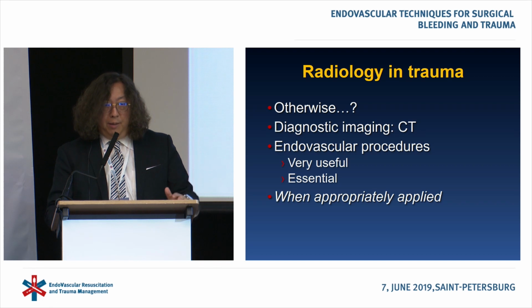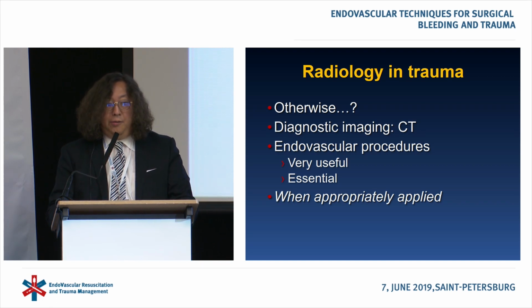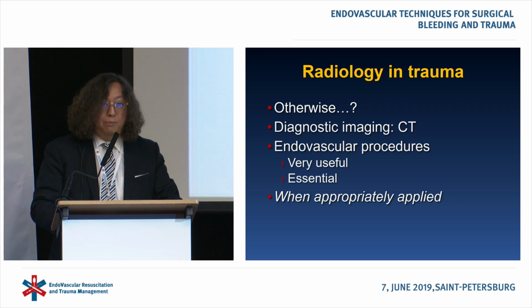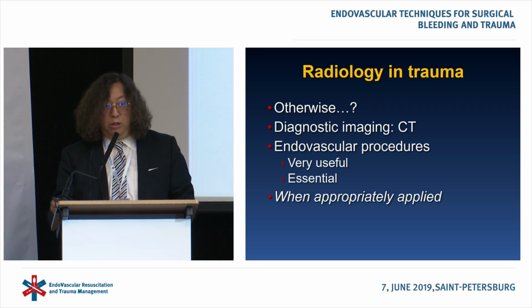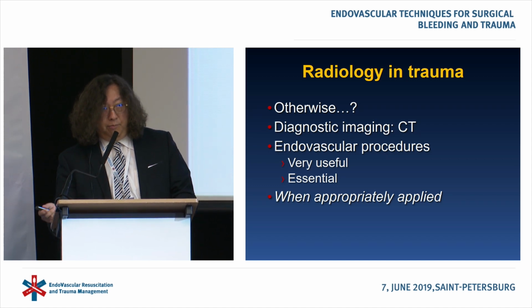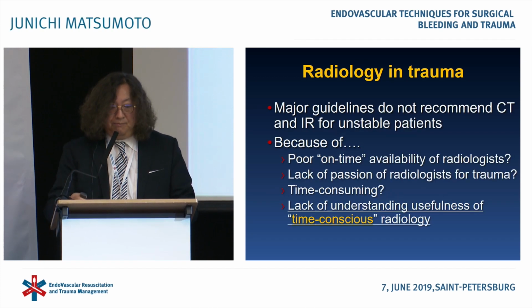Otherwise, even if the patient is a little bit hemodynamically unstable, I think diagnostic imaging, especially CT, and endovascular procedures are very useful. To me, those look essential in trauma care. But it is important that those should be applied appropriately.